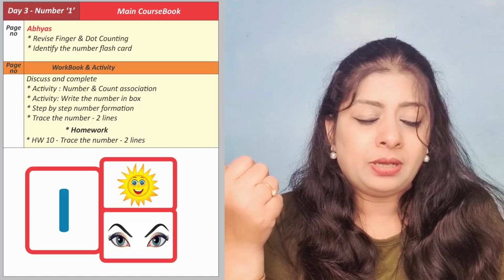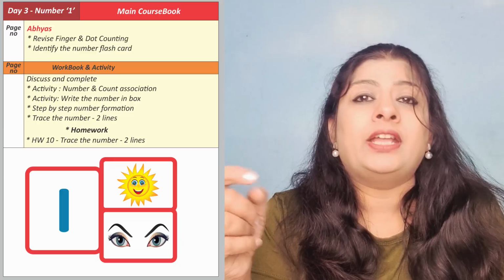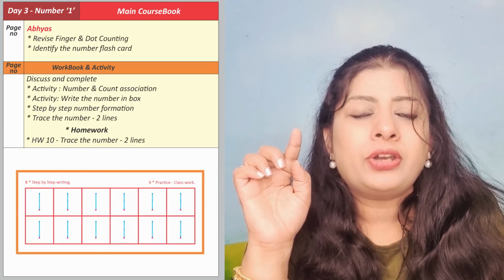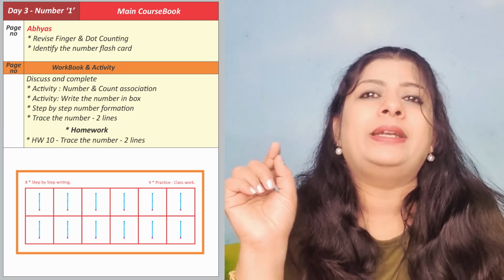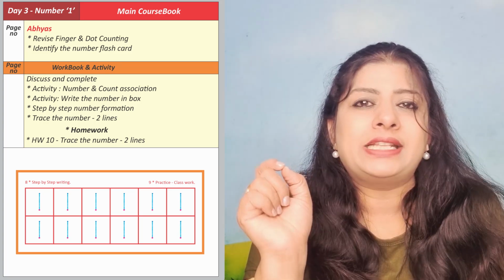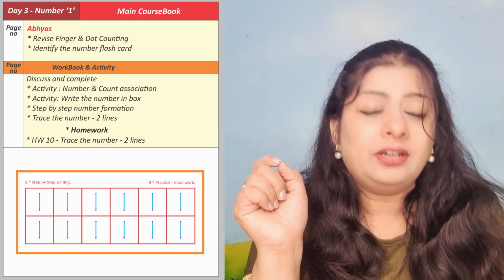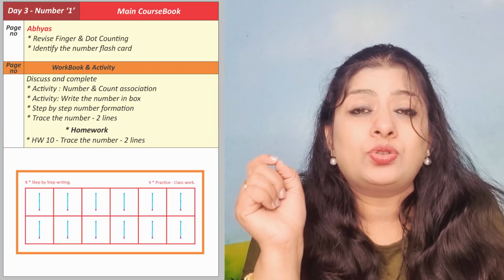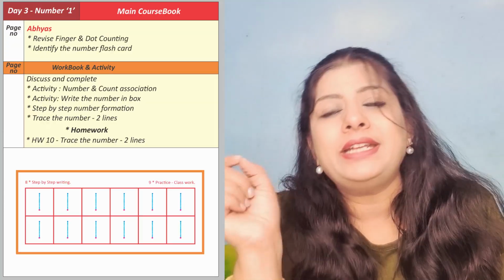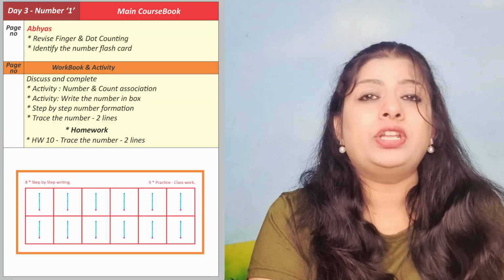So that is number and count association. Then you can make them trace number 1 using finger paint or many art and craft activities like earbud tracing, etc. And later you can use worksheets to actually start tracing in the nursery level and writing number 1 in the junior KG level.